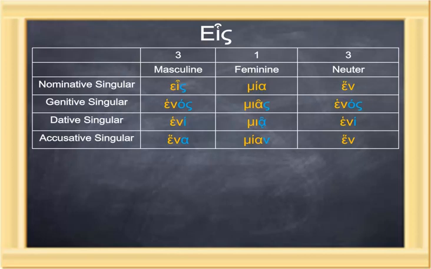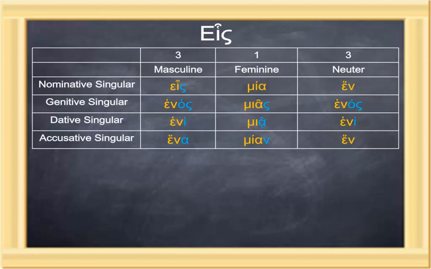When one looks carefully at the forms, one can see that the third declension stem is epsilon nu. We learn that by looking at the genitive singular and taking that case ending off. The other changes are normal. A sigma added to a nu causes the sigma to drop out, and then the epsilon lengthens to epsilon iota.